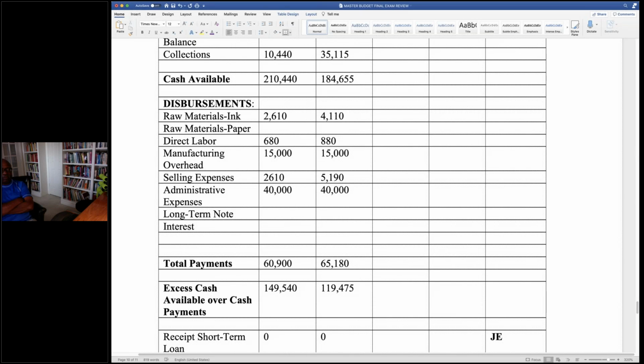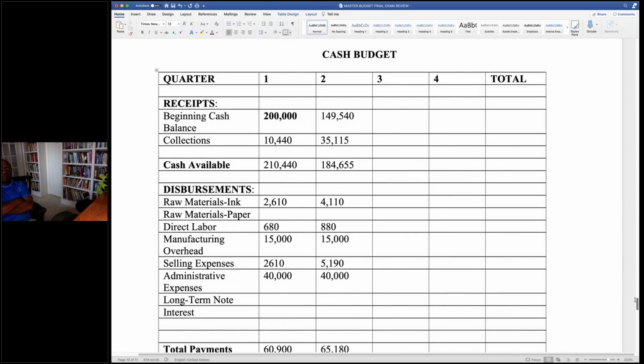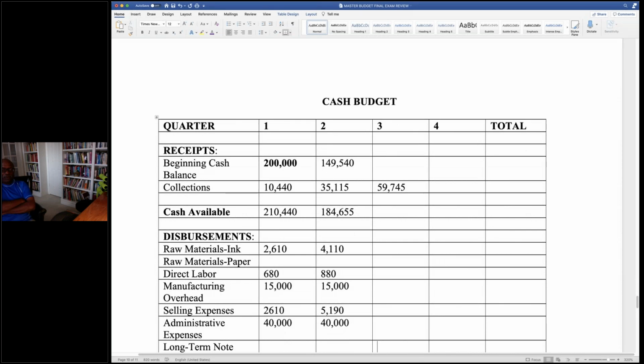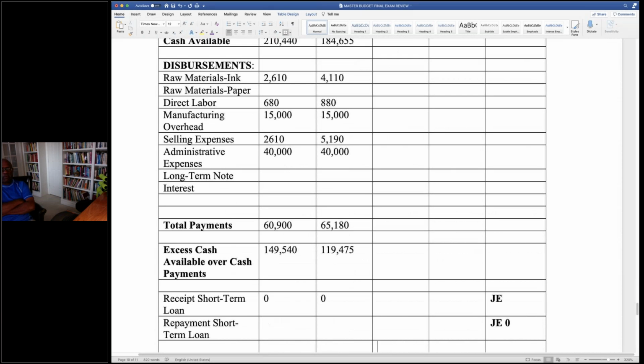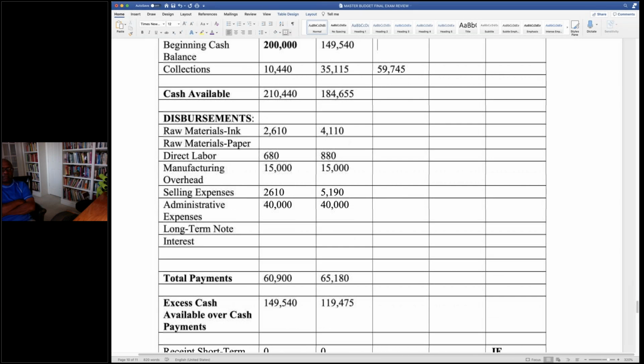Okay. Let me go down and see what the previous year beginning cash balance is. 119,475. You put the 5 for me, Kia.